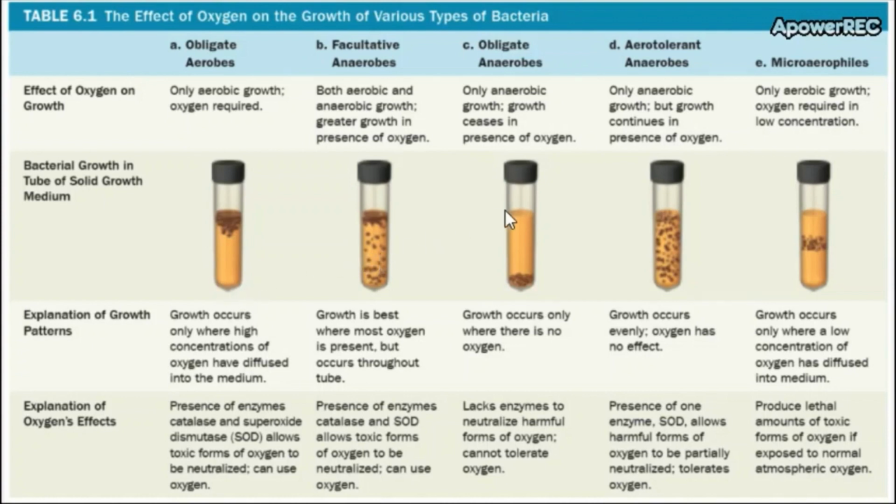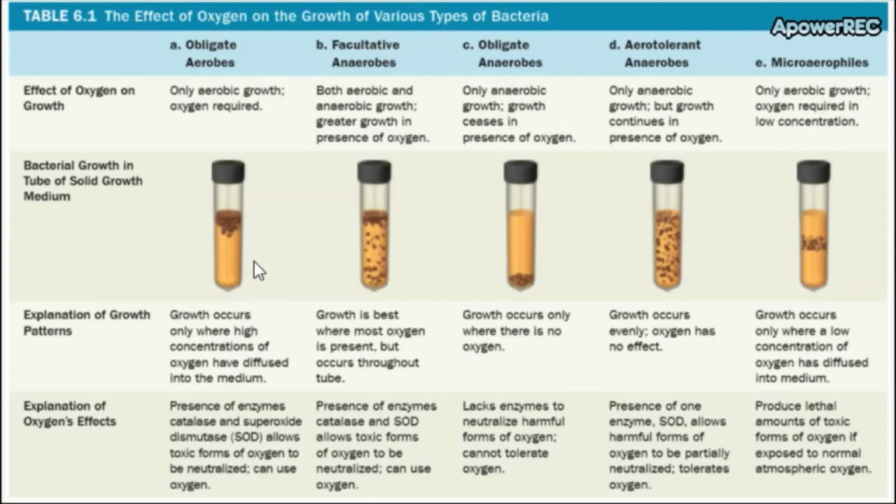As you can see with all of the other tubes, you're not going to have something that grows really well with a lot of oxygen and grows really well with zero oxygen, and there's nothing in the middle. So if you see a layer of bacterial cells at the top, even if you see some at the bottom but nothing in between, you're probably looking at obligate aerobes with some dead cells on the bottom.